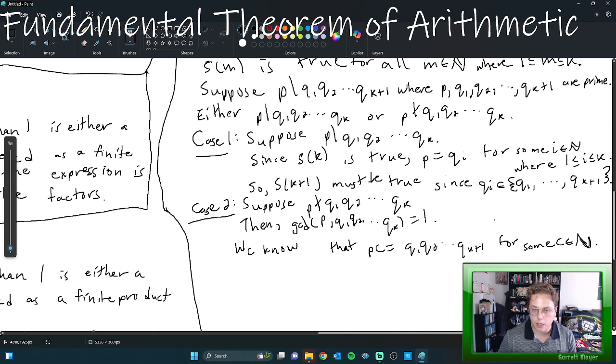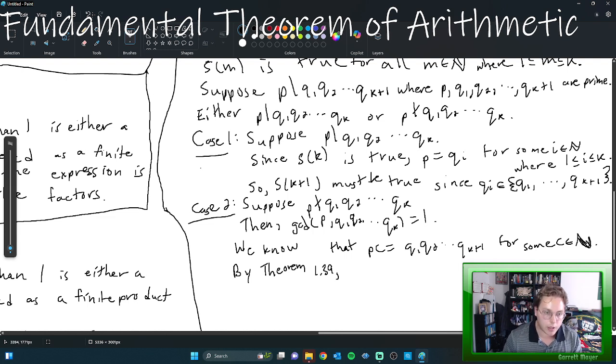And this is a natural number. For some c, that's a natural. So by theorem 1.39, which if you remember from before is that one where if the GCD is 1, then 1 is a linear combination of one of them and the other one.